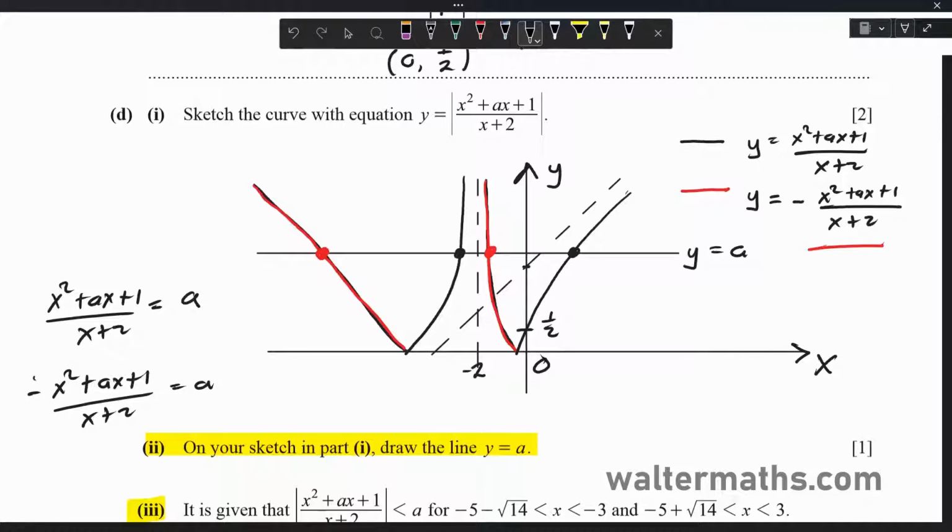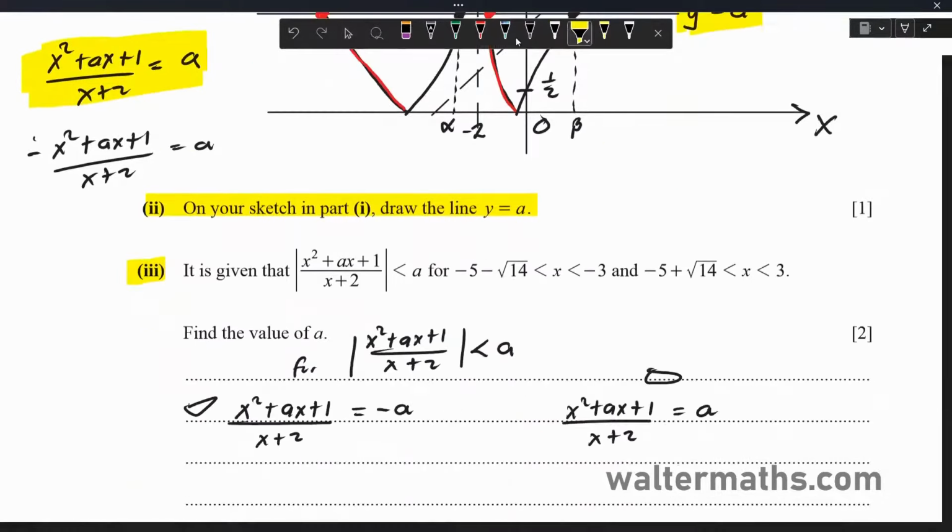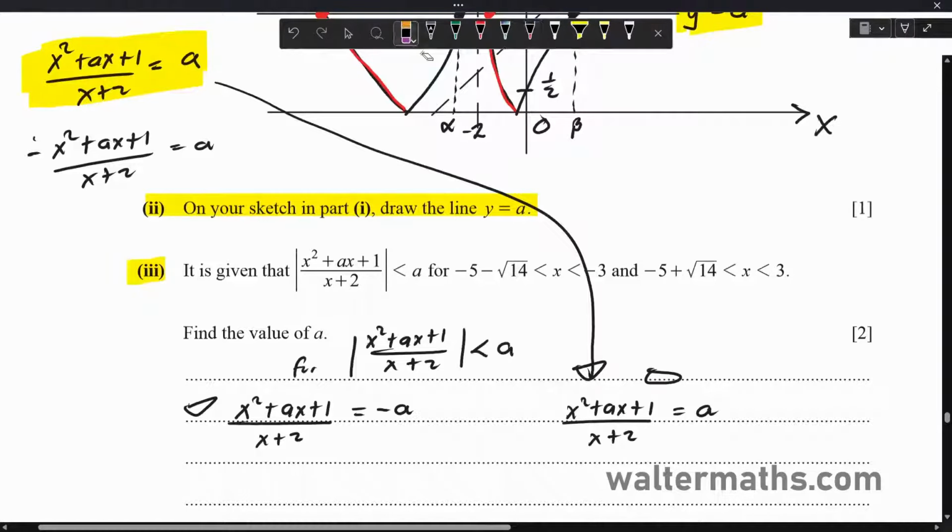For the first two points of intersection, let's call them alpha and beta, those are the points of intersection of this curve and the line y is equal to a. So that's why I equated those two. This is the same thing I had written here already.